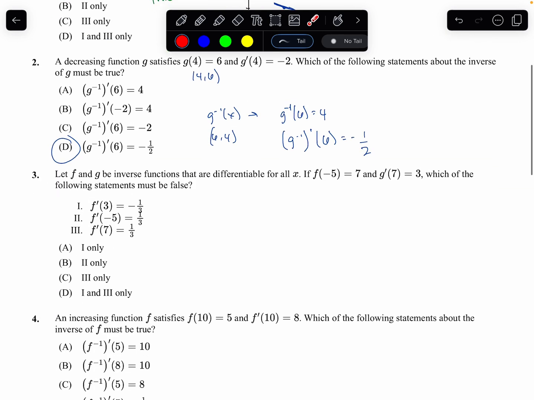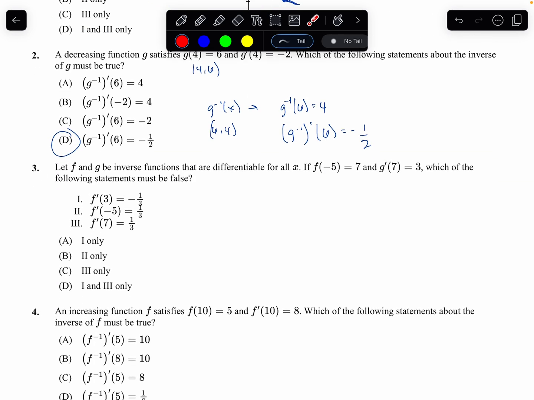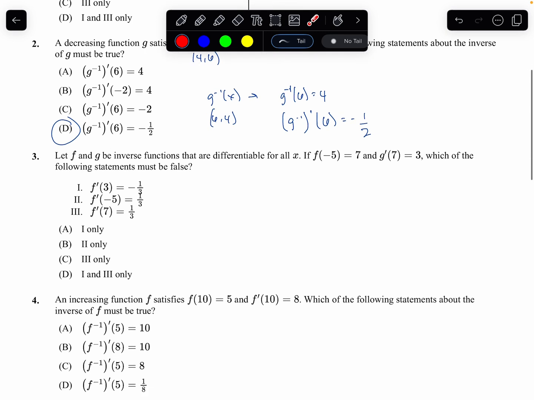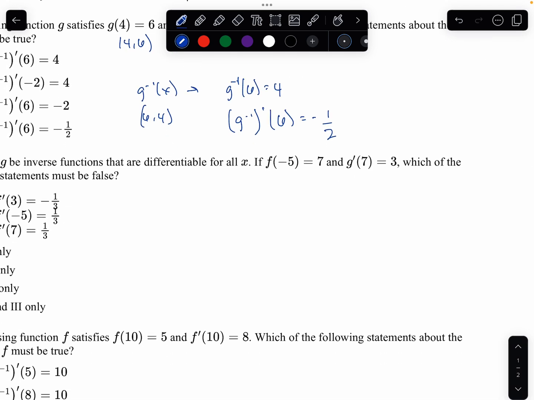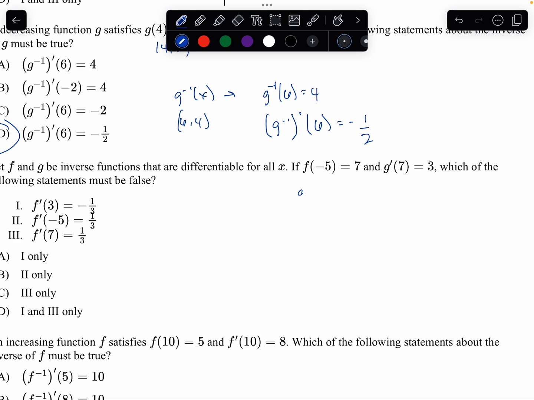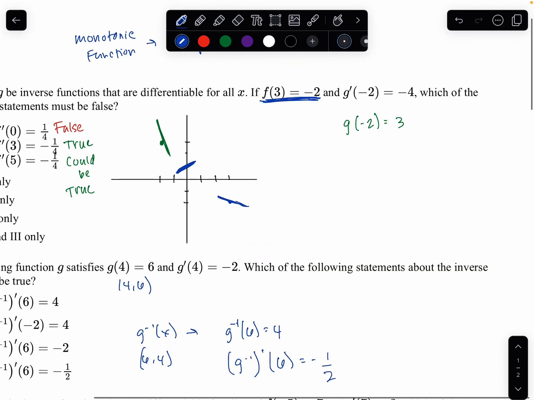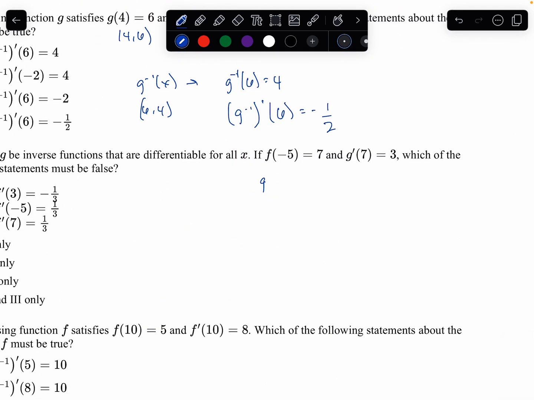All right. Let's try 3. I believe it's going to be very similar to what we did in 1. And so now that we have an understanding of what's going on there, I think we should be able to walk through this without really having to graph. But again, the graph of g is going to have a point 7, -5.